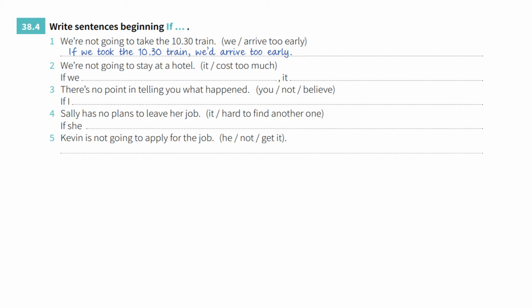Okay, we are not going to stay at a hotel. If we stayed at a hotel, it would cost too much.